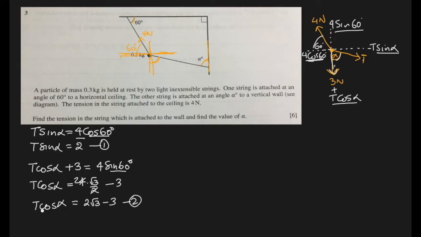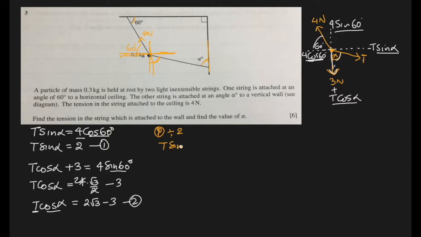So whenever we have a combination of force and its angle, just divide the sine one by the cos one. What I mean is this: if I divide equation number 1 by equation number 2, not in the opposite direction, why? I will tell you just now.